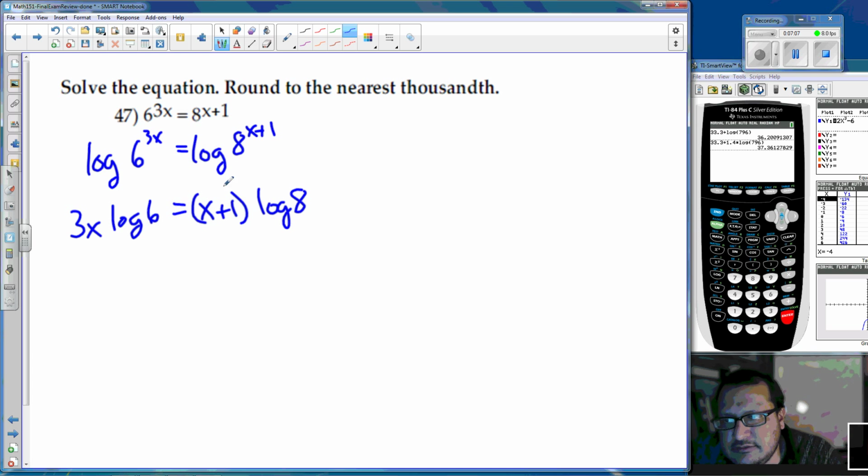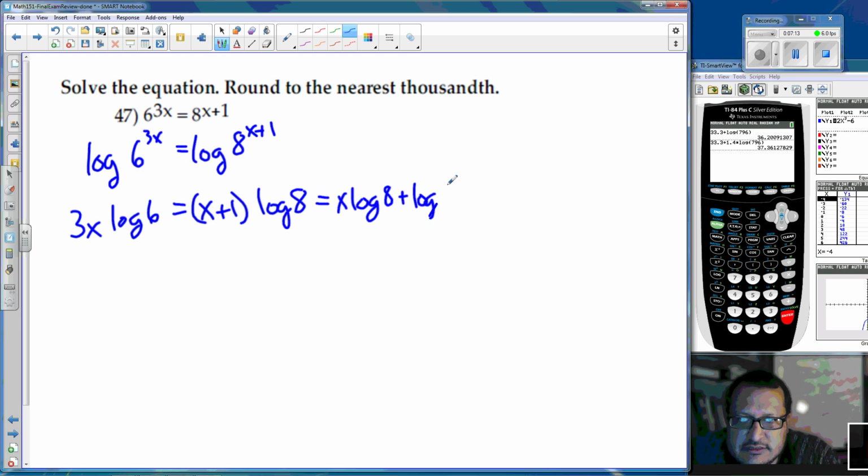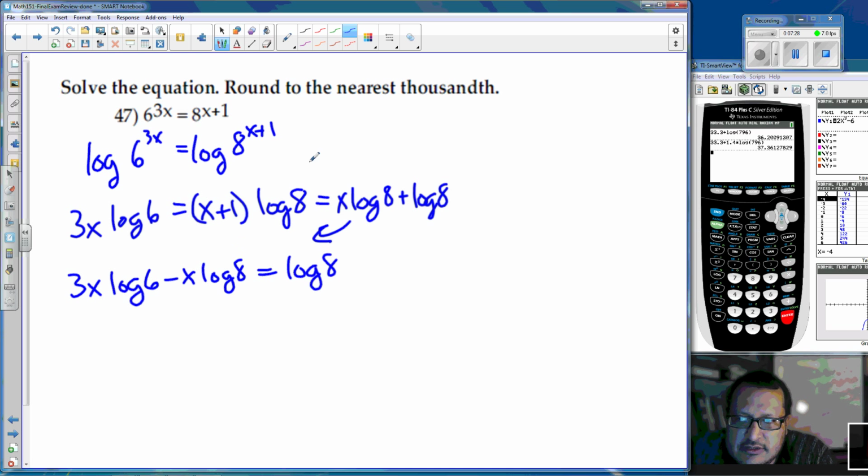Let's multiply this out. x log 8 plus log 8. Get this over here. We have 3x log 6 minus x log 8 equals log 8. Factor out an x. And divide.